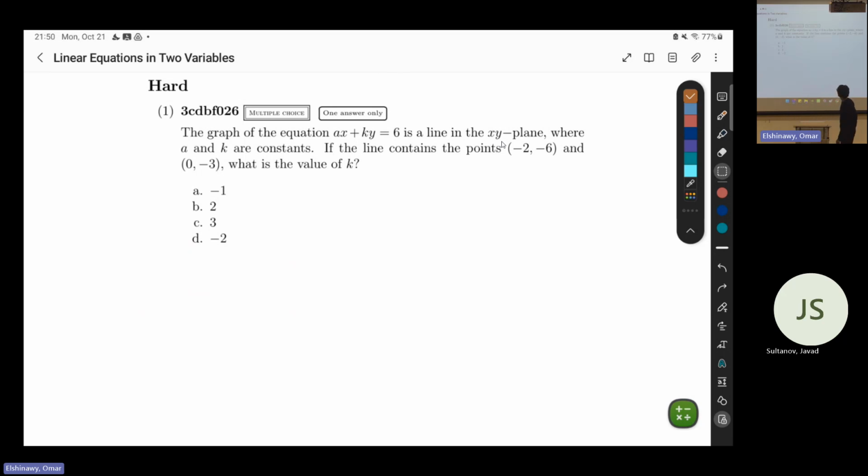This equation is a line. a and k are constants, and the line contains 2 points, which are (-2, -6) and (0, -3). So our question here is, what is the value of k?